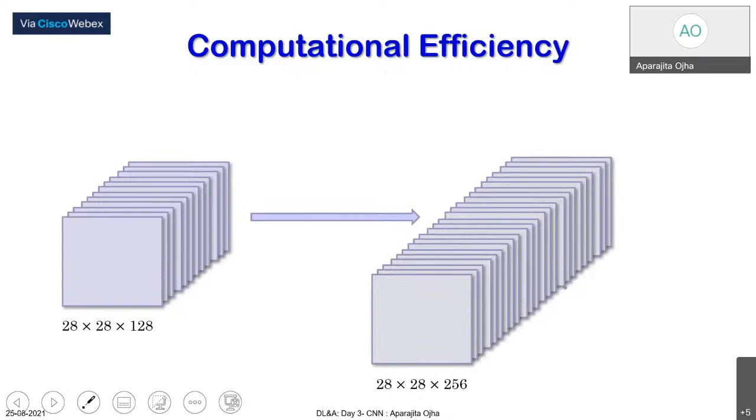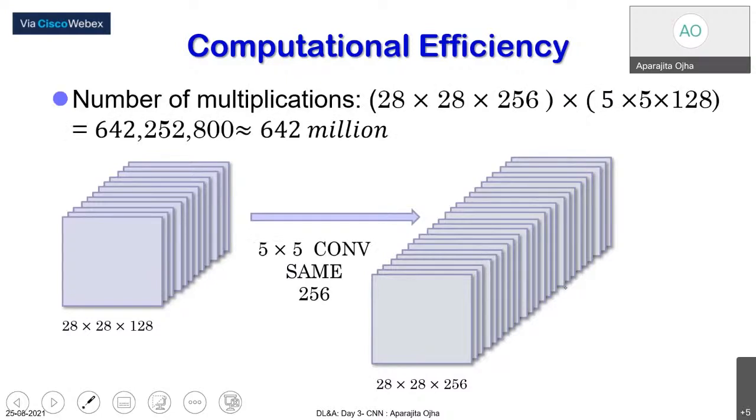How many computations will be there? I seek your attention, please. The number of multiplications here will be approximately 642 million. Can you believe? With a 5 cross 5 convolution, applying same padding. By same padding, I mean the output and input dimensions should be the same.